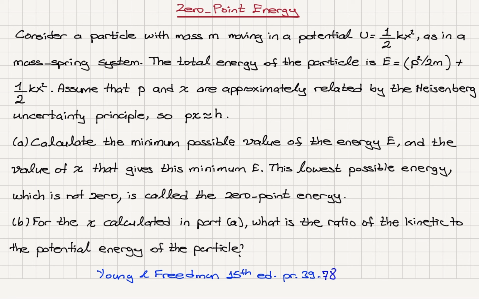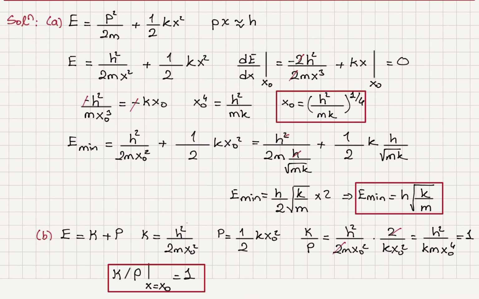Okay, so we have a particle with mass m moving in the harmonic oscillator potential, and its momentum and position are related by Heisenberg's uncertainty principle, p times x equal to h. What is the minimum energy of the particle, and what is the value of position that gives this minimum energy? We substituted p = h/x into the energy relationship, took a derivative with respect to x, evaluated it at x0, and set it equal to 0 to find the extremum point, and we found the minimum energy position, (h²/mk) to the power 1/4.